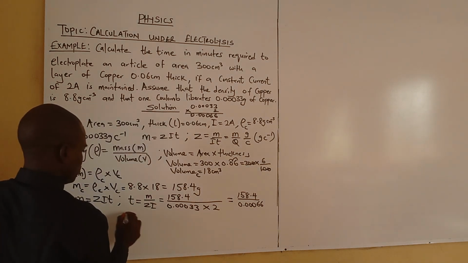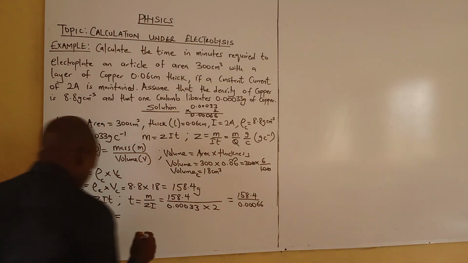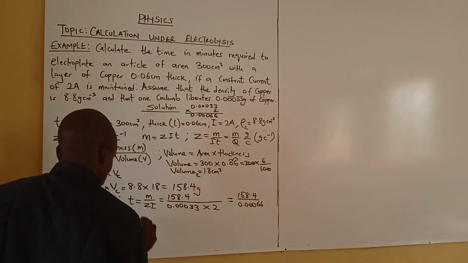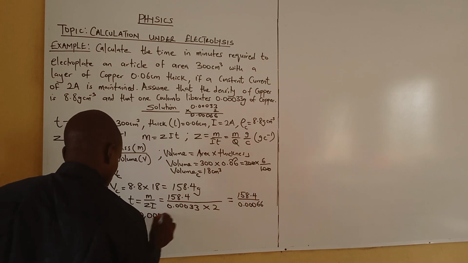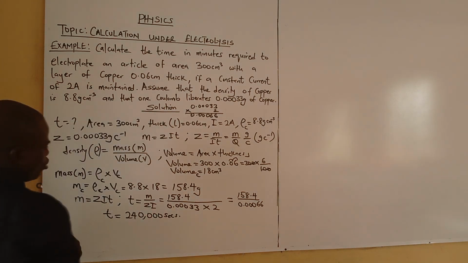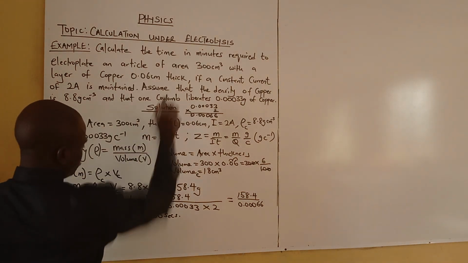Our time now, when you divide it, you have 240,000 seconds. But you are told that it should be in minutes.